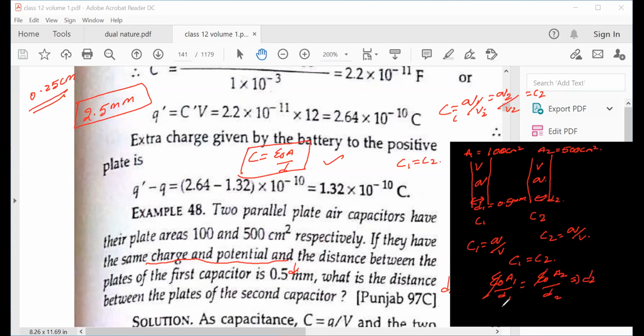Epsilon naught will get cancelled. So D2 is equal to A2 by A1 into D1.